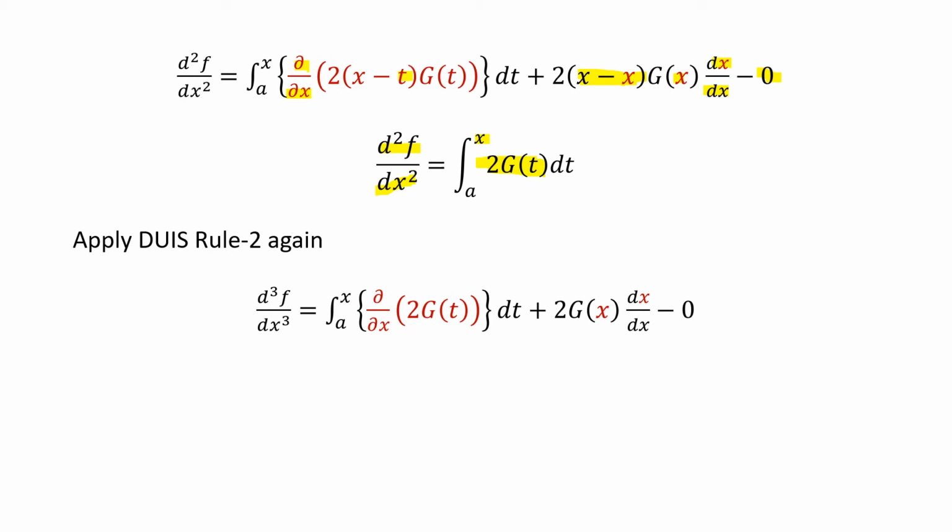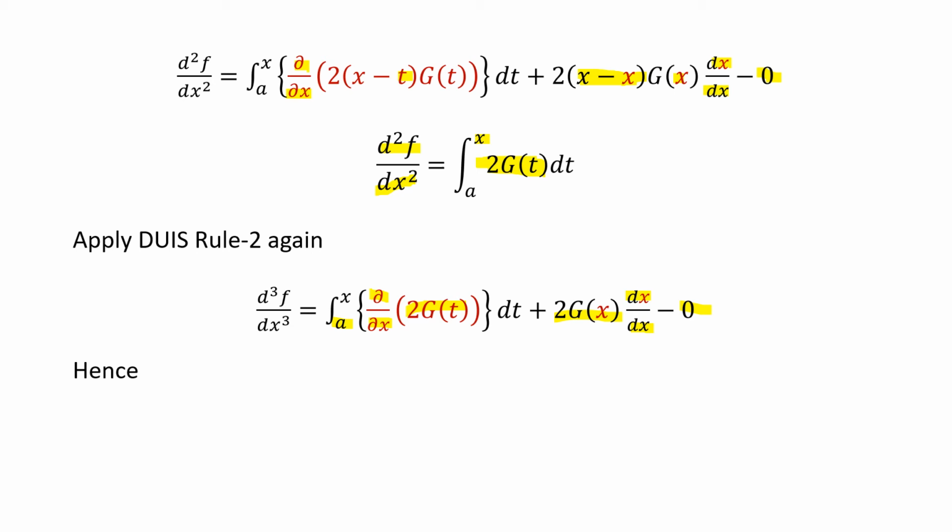So now again d by dx will go inside the integral and convert to del by del x. Now our function is 2 into g of t. Now in place of t you have to put the upper limit, then it is 2g of x and the upper limit derivative is dx by dx, minus, because of the lower limit which is constant, the total term is 0. Okay, we will simplify.